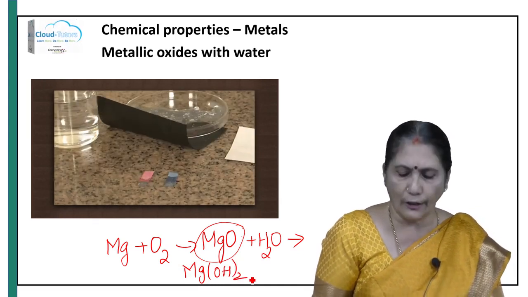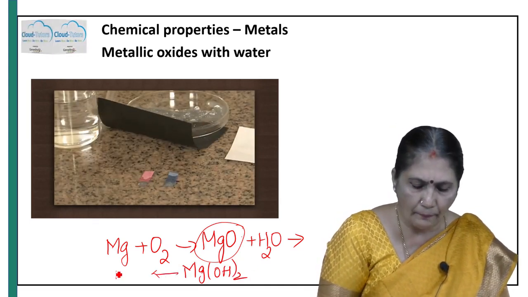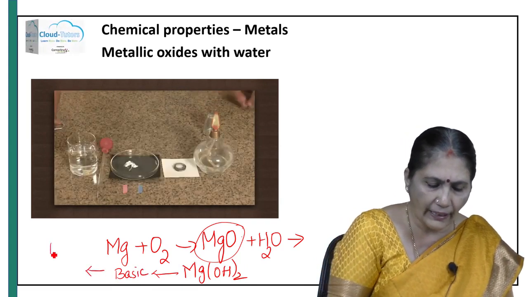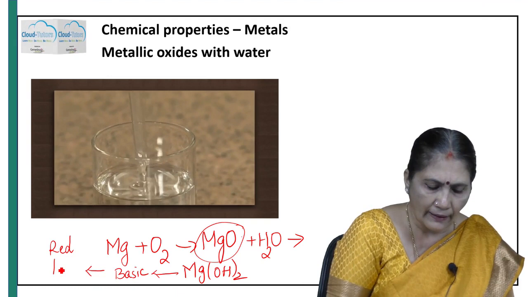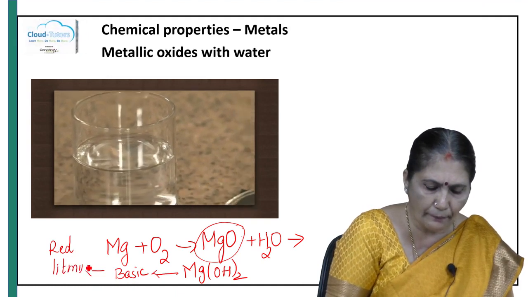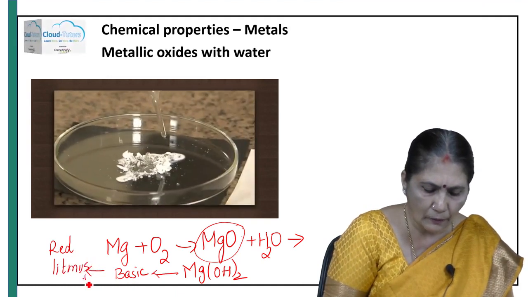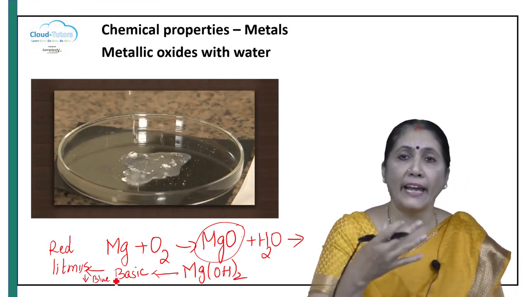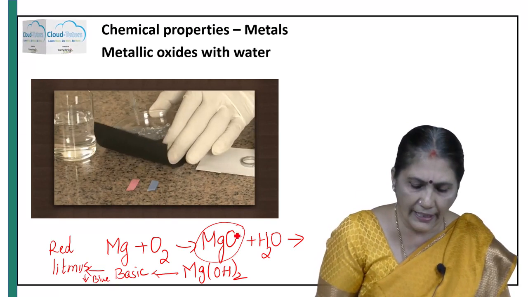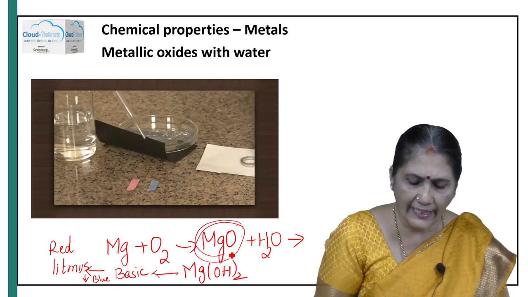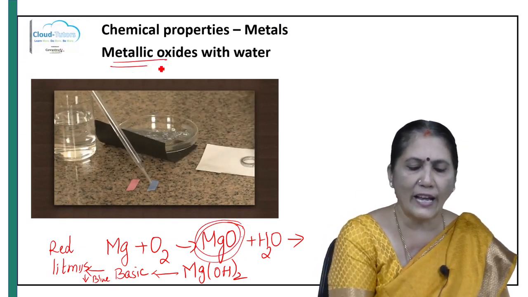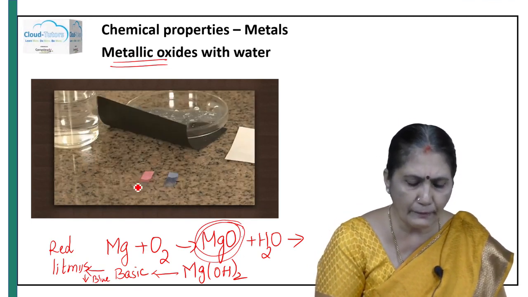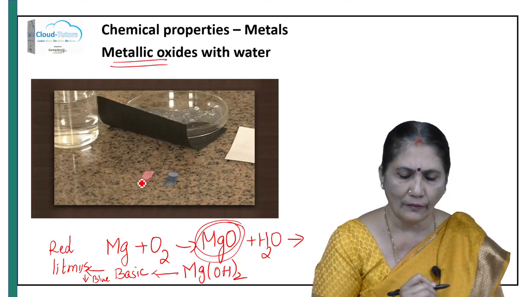And magnesium hydroxide is said to be basic in nature. So you bring a red litmus paper, and that red litmus paper will turn blue. So this particular activity makes you understand that magnesium oxide is an example of what is known as a metallic oxide. You can see the red litmus paper turning blue.